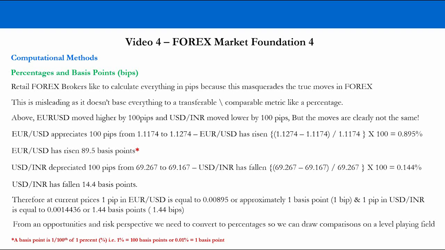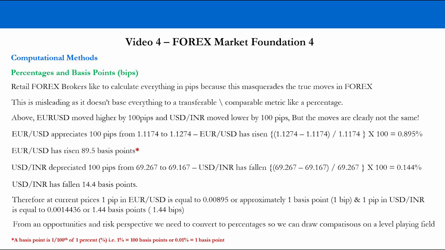And this is expressed in terms of basis points, and we have the definition at the bottom of the screen here for you. A basis point is equivalent to 1/100th of 1%. So basically 1% equals 100 basis points, or 0.01% is 1 basis point.